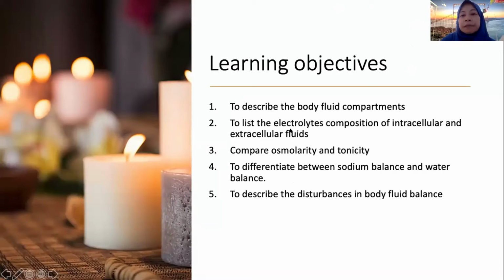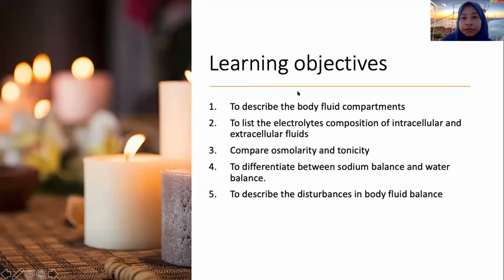So hopefully by the end of the session today, you will be able to describe the body fluid compartments, the composition of the body, and what are the percentages and the rough estimate of the volume of fluid in each of the body compartments.